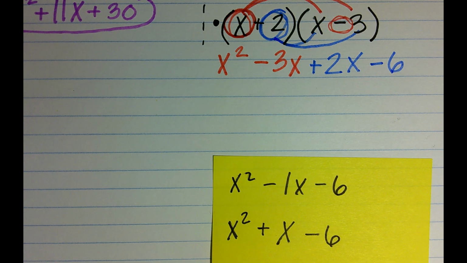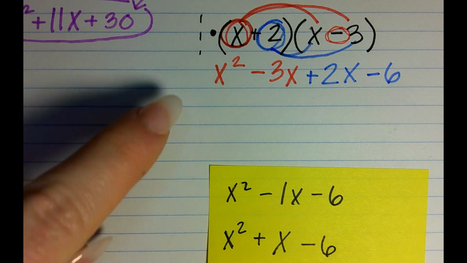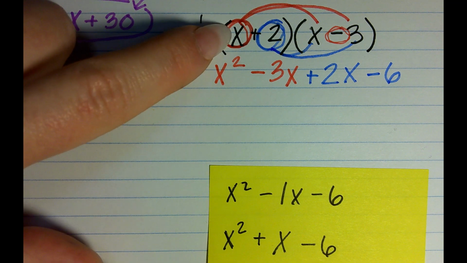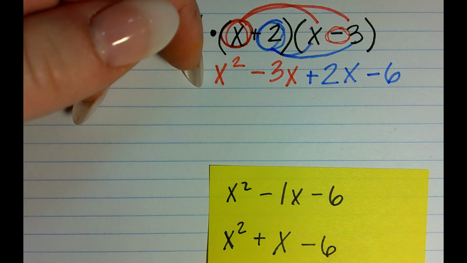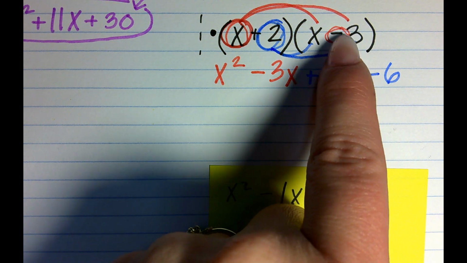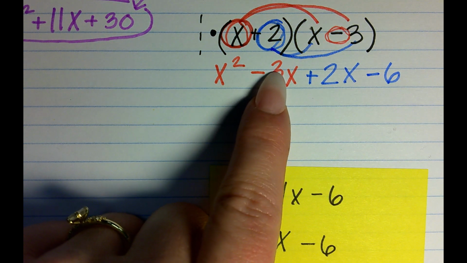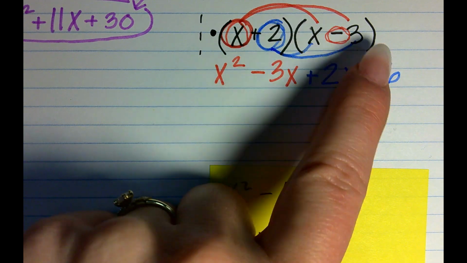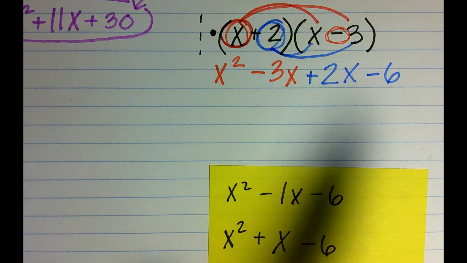Okay, so we are here. Does everyone see how we got to this point? We just did x times x to get x squared, x times negative 3, negative 3x. Then we did 2 times x to get 2x, 2 times negative 3 to get negative 6.